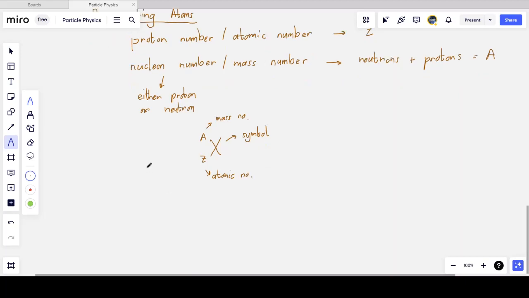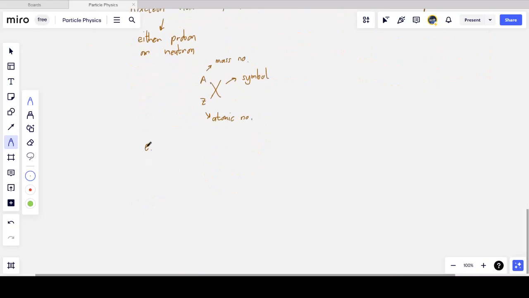This is the convention, at least, that we'll use for AS physics. An example of this would be the carbon-12 atom. Carbon-12 can be written as ¹²₆C. The number at the bottom, the atomic number, which is the number of protons, is 6.